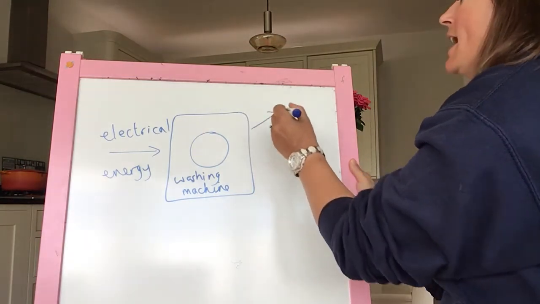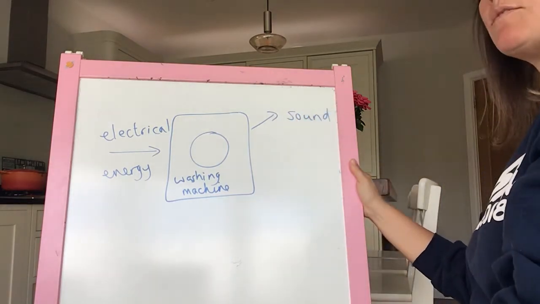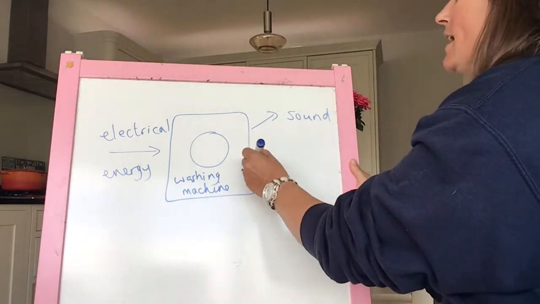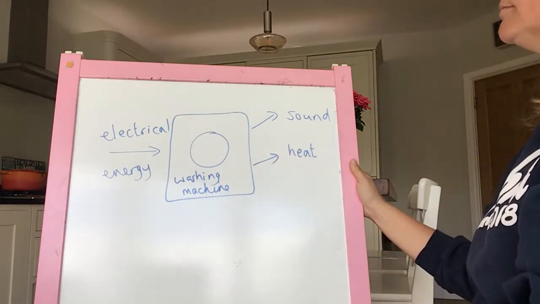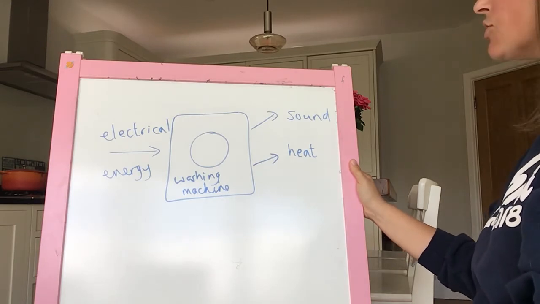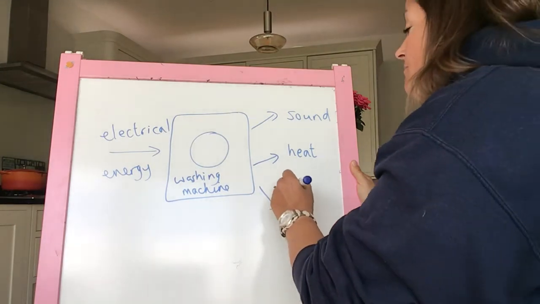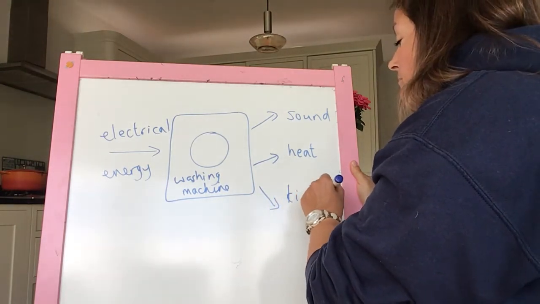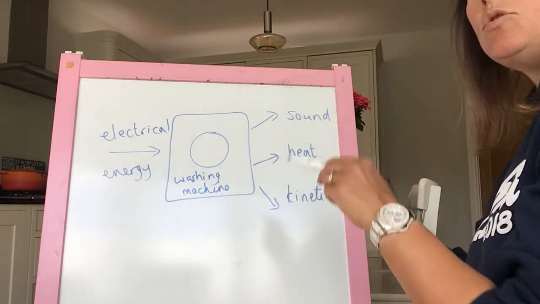So we have sound, because washing machines make a lot of noise, don't they? We have heat. Now, some of that's useful and some of that isn't, depending on if we want a hot wash or not. And finally, kinetic energy. Okay, the energy that moves the drum around.